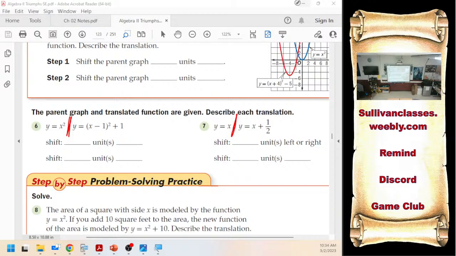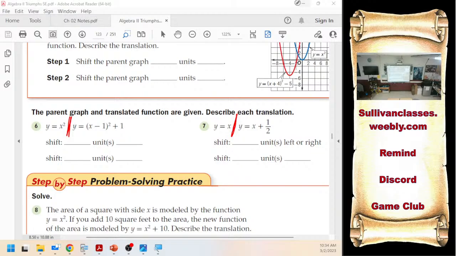Yeah, I know. So I'm confused. So it doesn't really correlate. Okay. We put this next to x, right? Is it positive or negative? Positive. Up or down? Up. There's no parentheses, right?